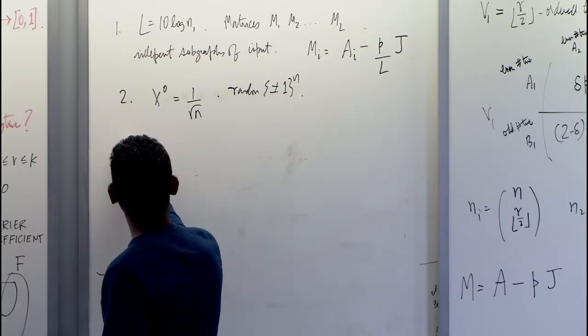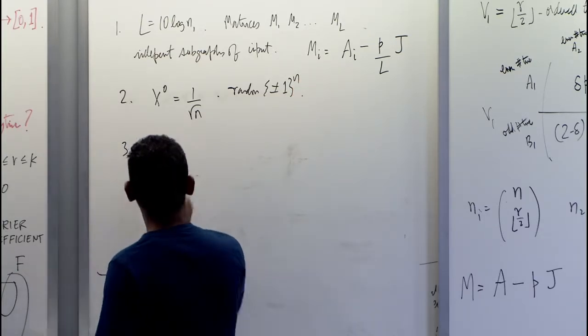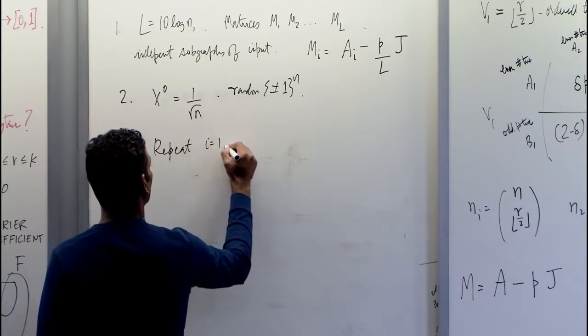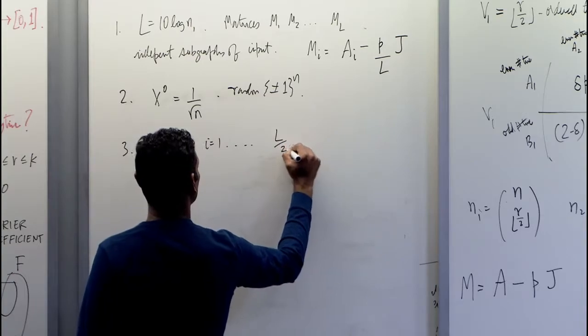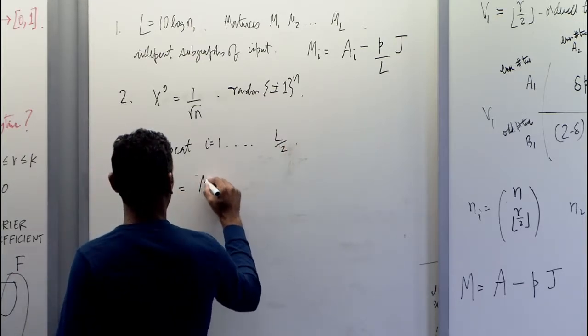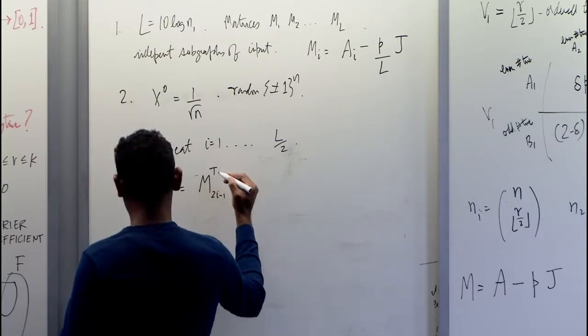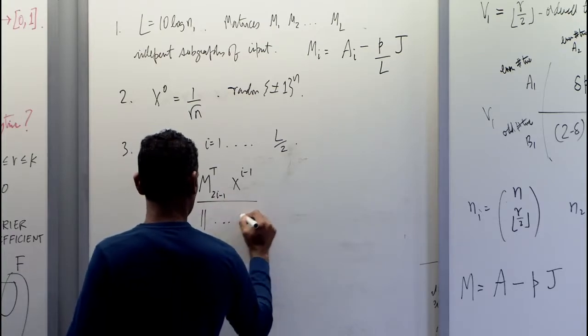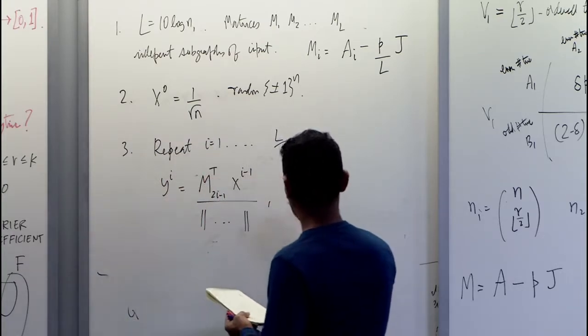That's the initial vector. And then here's the iteration. Repeat for i equals 1 to L over 2. Yi will be M2i minus 1 transpose xi minus 1 divided by its norm to make it a unit vector.